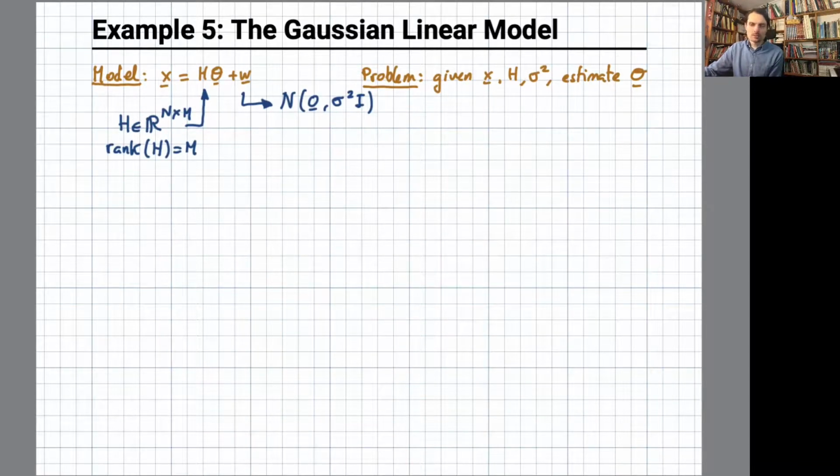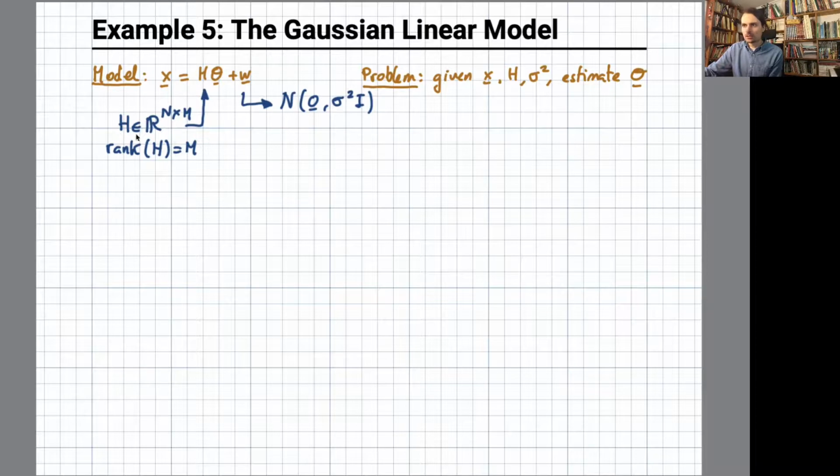Now let's discuss how we can estimate the parameters of a Gaussian linear model. Remember from the previous lectures that in the Gaussian linear model, our data is a linear function of the parameters plus noise, right? And here we will be assuming that the noise is white, okay?